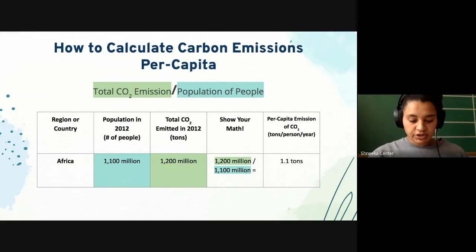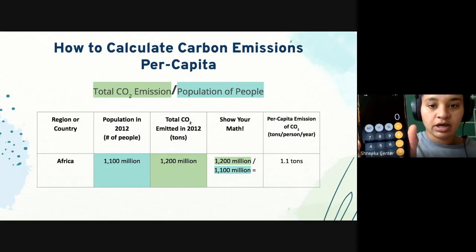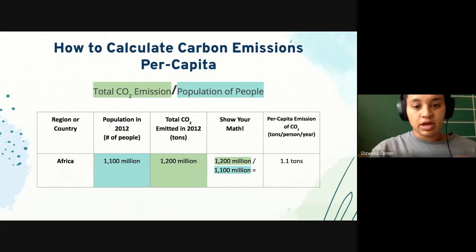So I'm going to show you how to do that using the calculator on your phone. You're going to go to the calculator and then you're going to type in the numbers. I'm going to do the green box first.